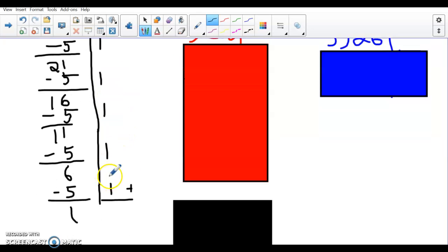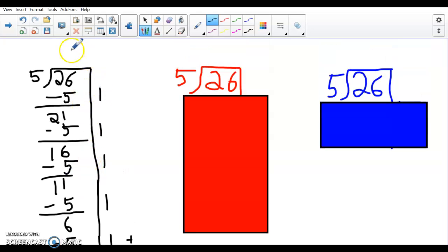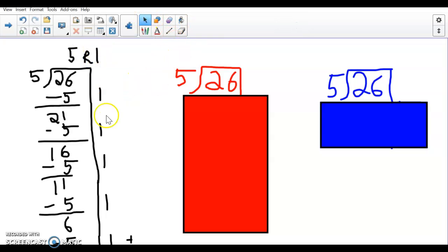So we add all of our ones up, and we have 5 whole groups, and then we have 1 left over. So our answer is 5 remainder 1. Yes, this will work, but it will take a long time if we're using big numbers. So we want to be able to do that in fewer steps, right? This took us 5 steps to get to our answer.